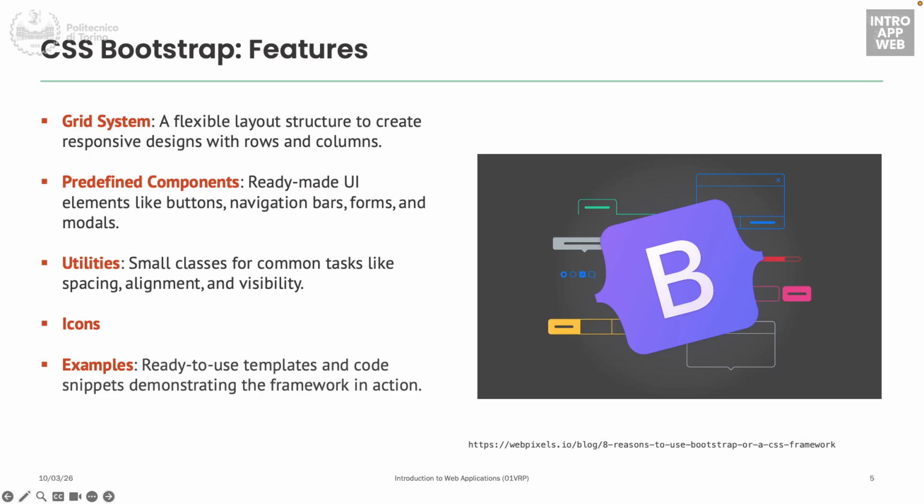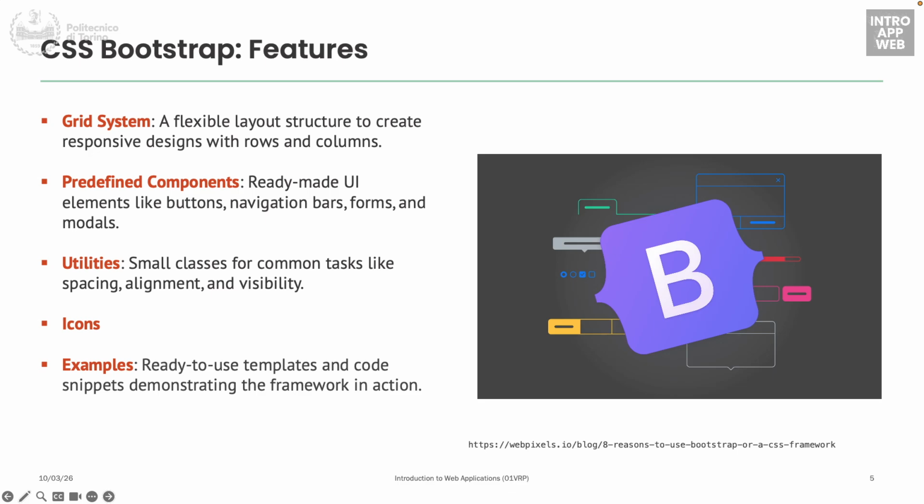So within Bootstrap, exactly what does Bootstrap have inside? It has, first of all, a grid system that is a flexible layout structure that enables us to create responsive designs with rows and columns.